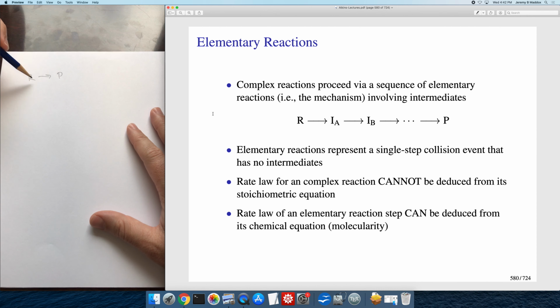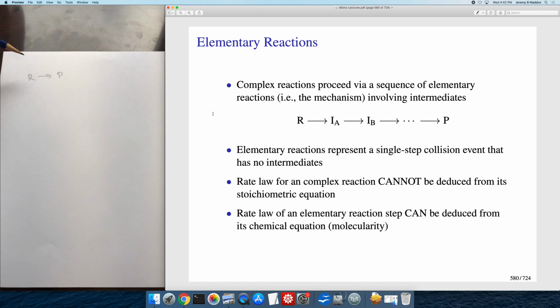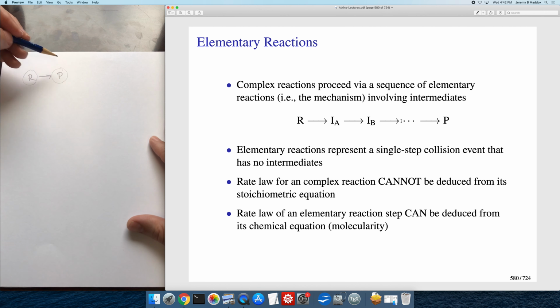However, you don't necessarily know if the reactants directly form the products or not, or whether different intermediates are formed along the way. And so the stoichiometric reaction really only tells you what you have before the chemical transformation, and what you have after the chemical transformation has been completed.